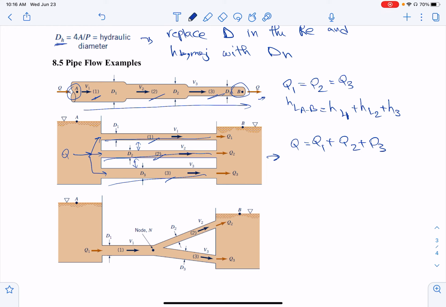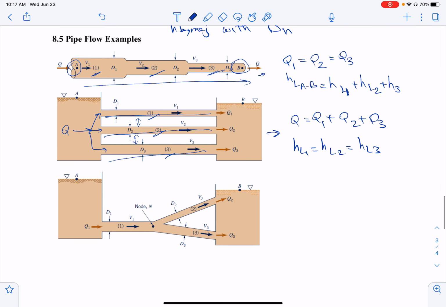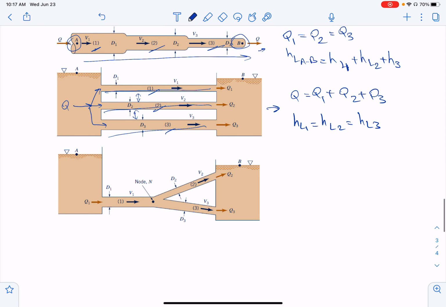So we can write down HL1 is equal to HL2 is equal to HL3, right? And we call this type of multiple pipe system a loop.